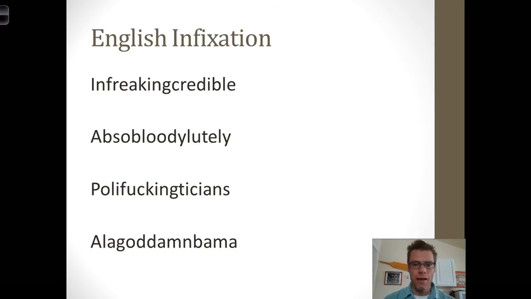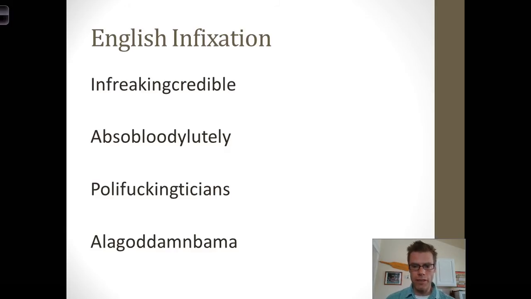That bloody, for an Australian, acts very much like the fucking infixation that we're going to be concentrating on that you see in polyfucking-ticians. So that bloody in Australia gets inserted inside of all sorts of words in the same way that fucking in the United States gets inserted in all sorts of words. And then goddamn works the same way, a la goddamn Bama.